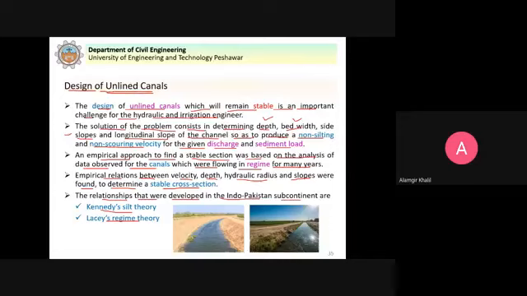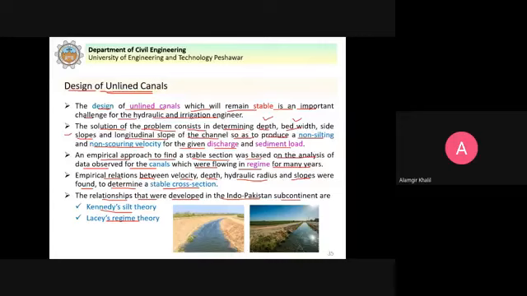We also have design of lined canals. So for the lined canal, the same approach applies as you studied in your hydraulics course. You use the Manning's equation, the Chezy formula, and then you have the most efficient cross section, etc. So that approach is used for the lined canals.